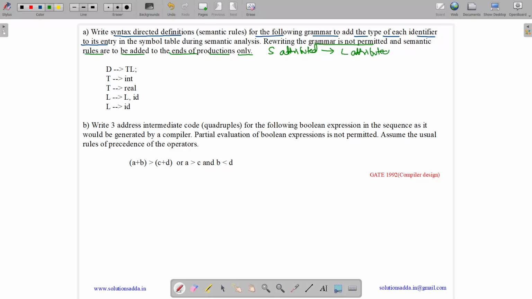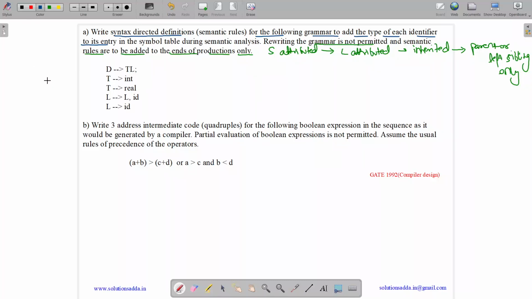Okay. And if it is L attributed grammar, which means it will have inherited attributes, which means the values can be inherited from the parent or left sibling only.